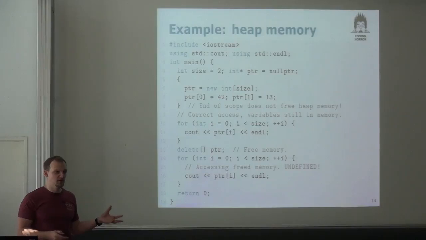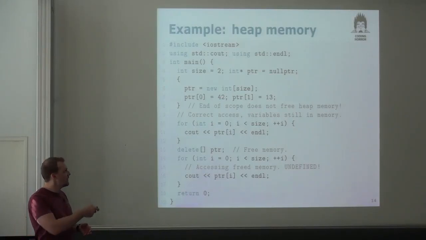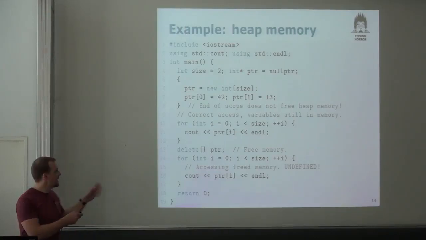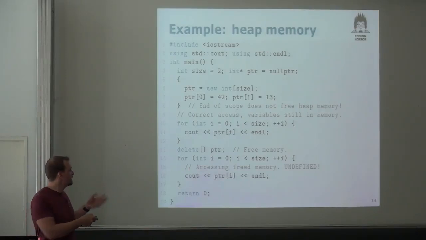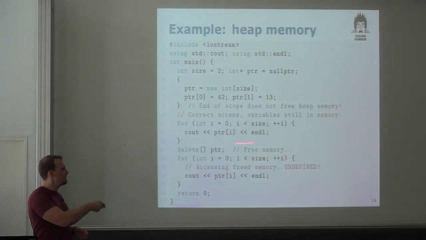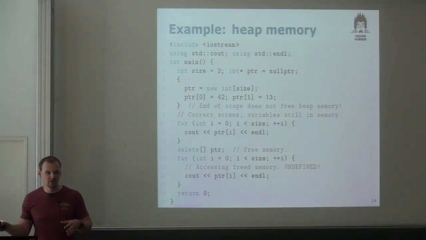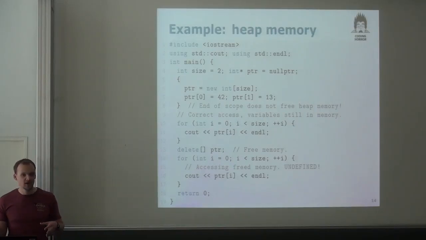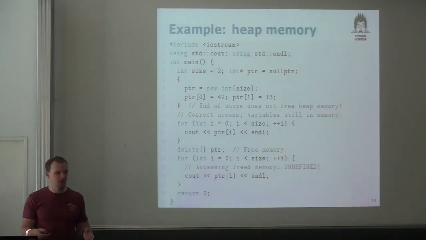We didn't create any new variables in this scope, apart from setting the address of the heap memory. So when we get out of the scope, we do not remove that memory, so we can still use it. And this is completely fine. So we can still print out all the values from the array because nobody has touched the heap memory.